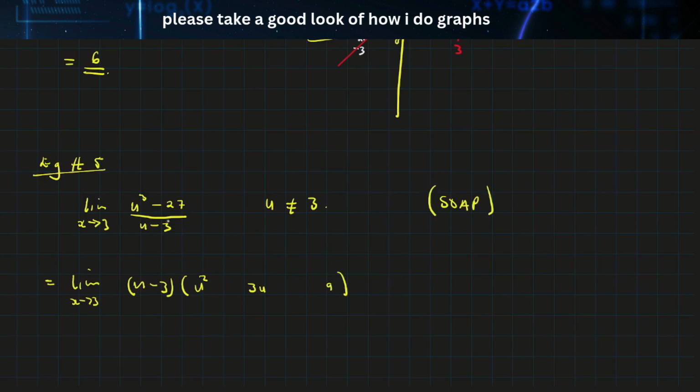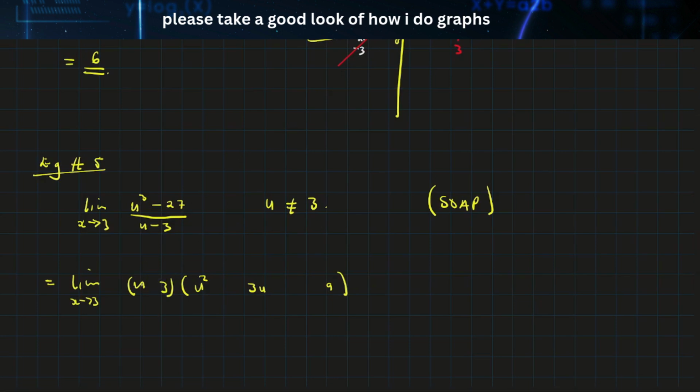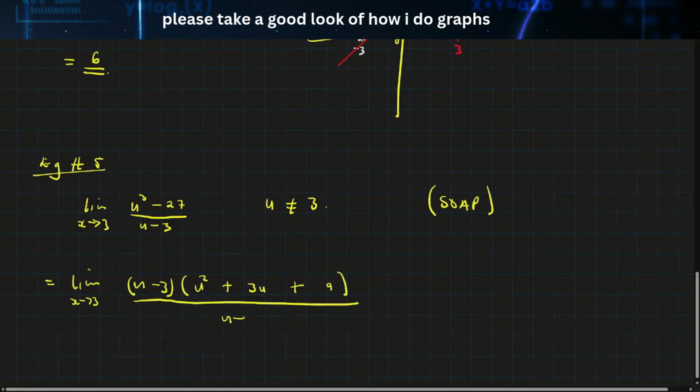The same means the same as the one we have in the function, which is negative. Then the opposite, which is the opposite of that, it's positive. And then all positive. That's what it means. Then all over u minus 3.